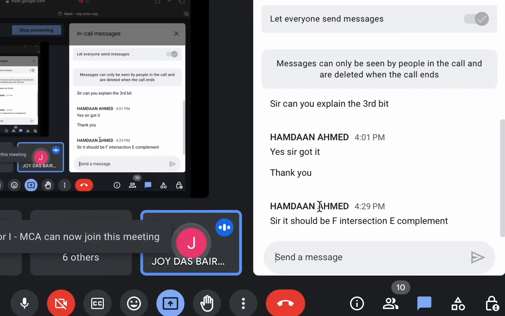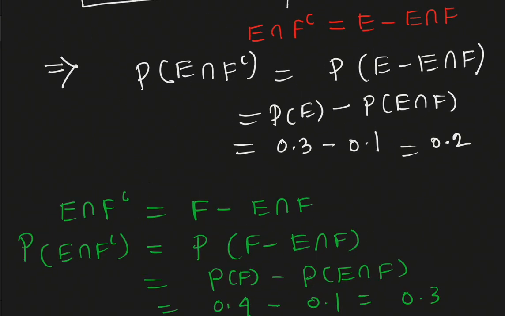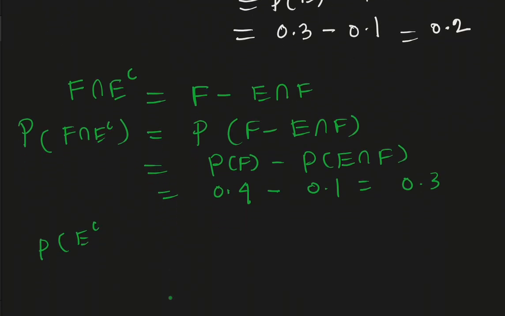He said that it should be F intersection E complement. Yeah, Ahmed is right, it should be F intersection E complement. Thank you, Ahmed. So it should be F intersection E complement. So that is 0.3.